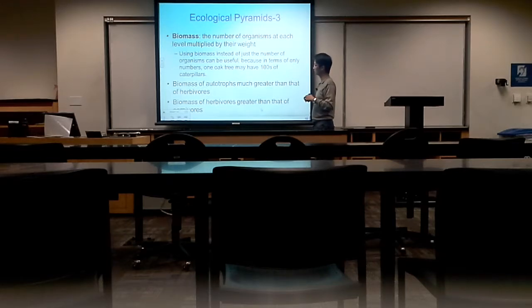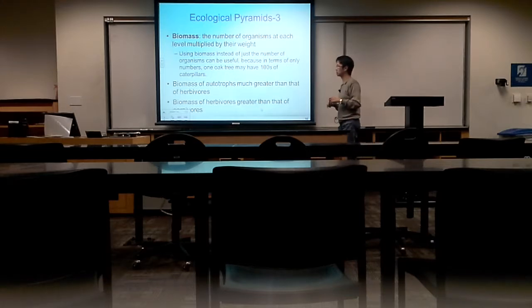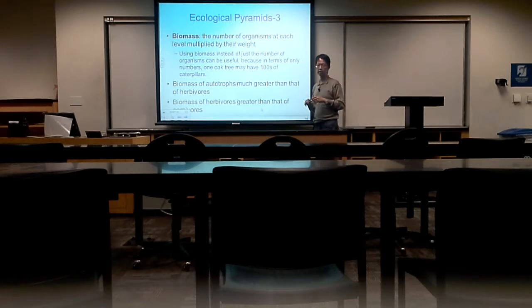The reason is that one oak tree may have 100 caterpillars, but which one has more mass? Of course, one oak tree has a lot more mass than 100 caterpillars. So that's why using biomass is more accurate than the number of organisms.